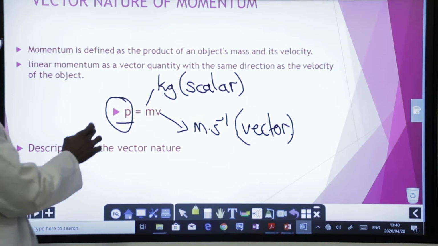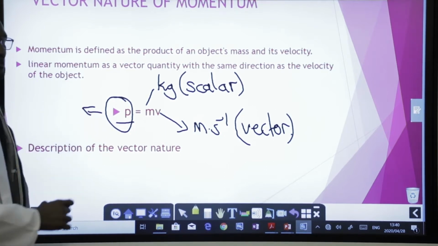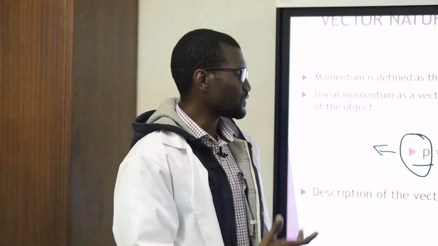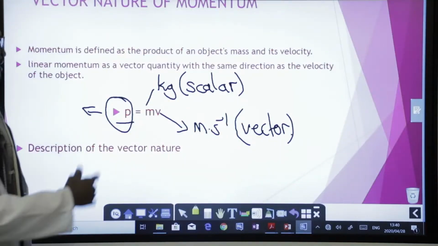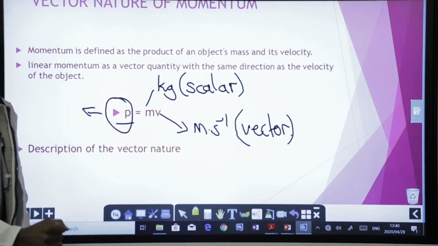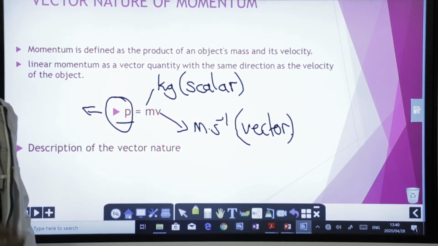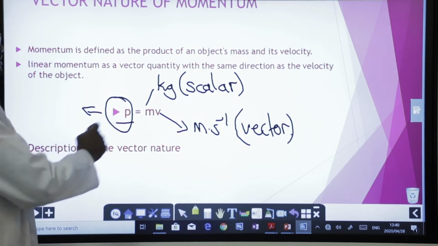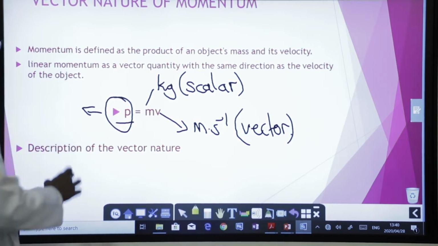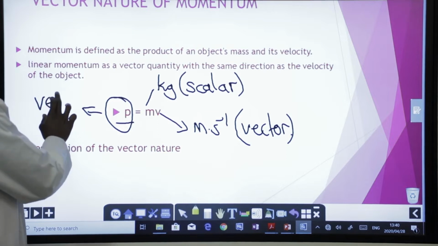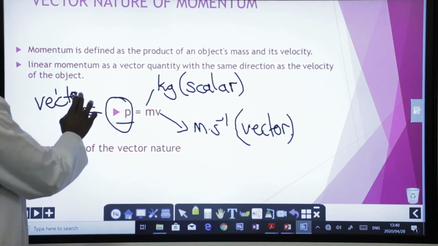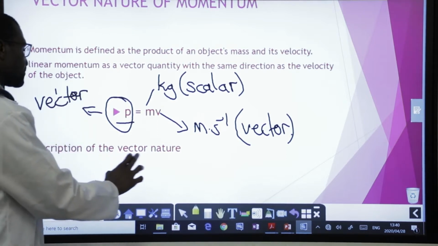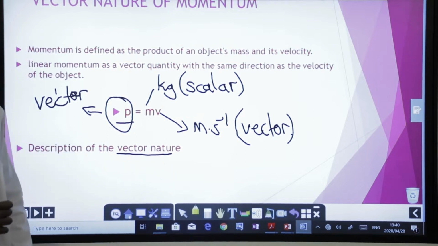You might need to refer to our workbook to also find out more about what happens when you multiply a scalar and a scalar, a vector and a scalar, and a vector and a vector. In this case, our momentum is a vector quantity. What's the vector nature of a quantity?